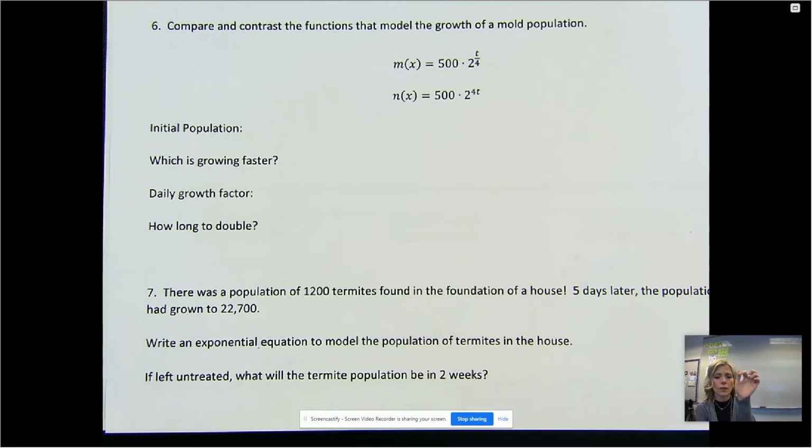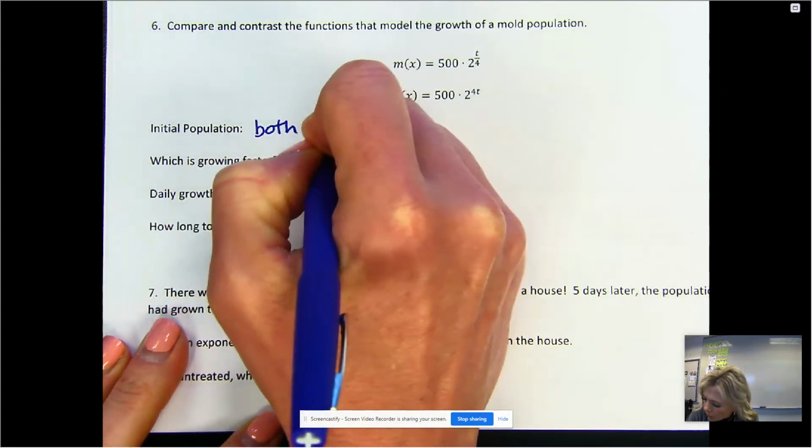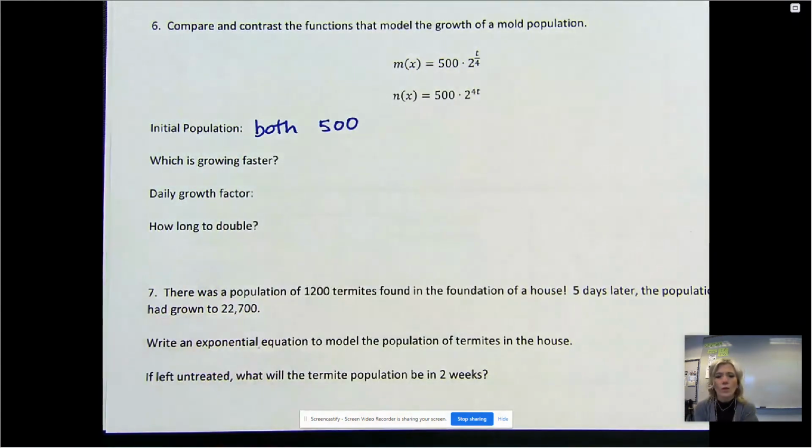So the exponent is t divided by 4. And then n of x equals 500 times 2 to the 4 times t, to the 4t. So initial population, they're the same. They are both 500. Which one is growing faster?